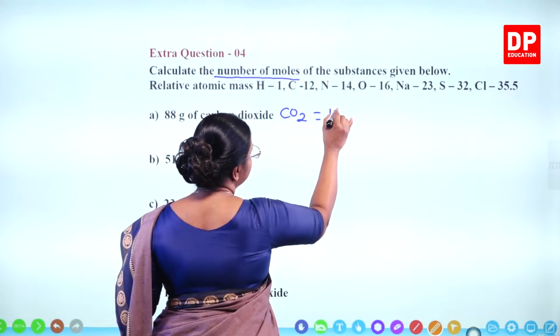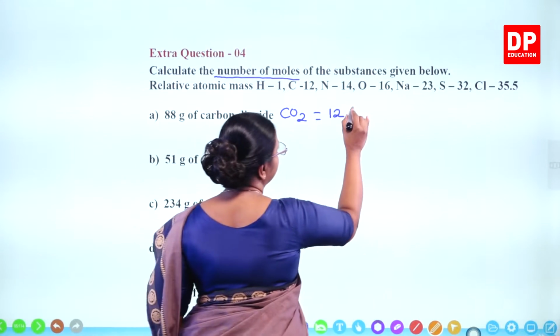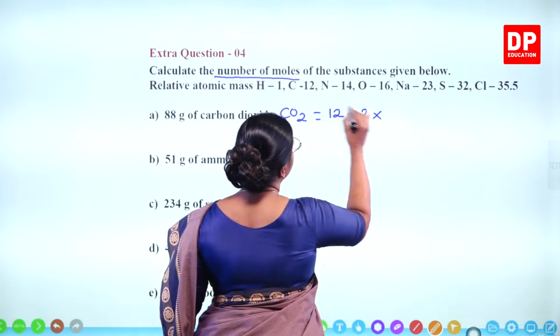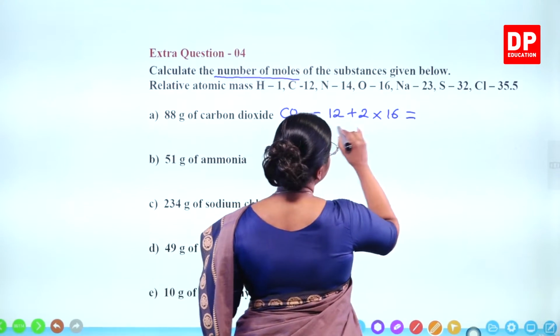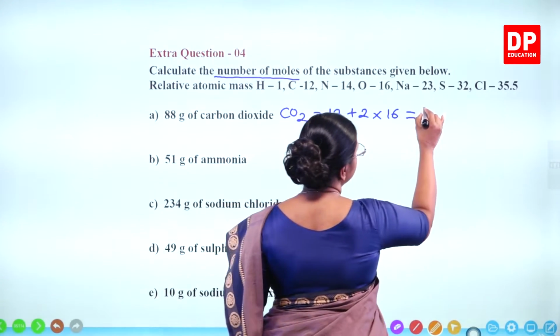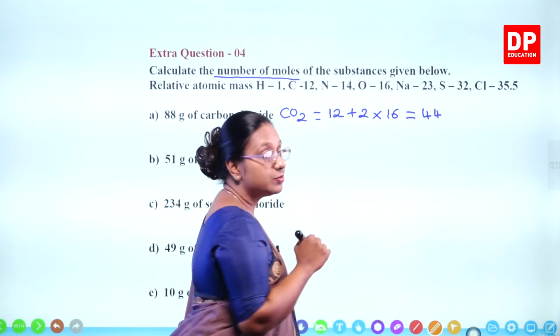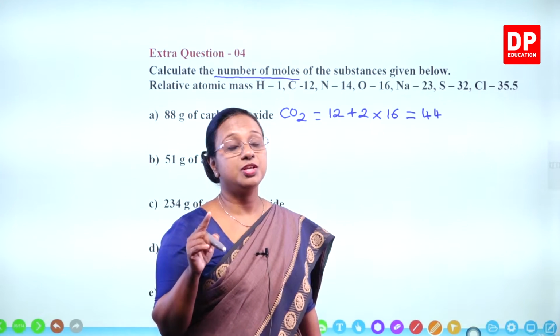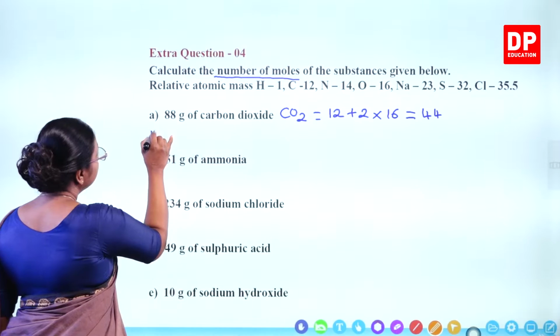Then you know carbon is 12 relative atomic mass, and there are 2 oxygens, and the relative atomic mass is 16. So then 12 plus 2 into 16, you know the value will be 44. If it is molar mass, you have to use the unit gram per mole. So then what is the equation you use?